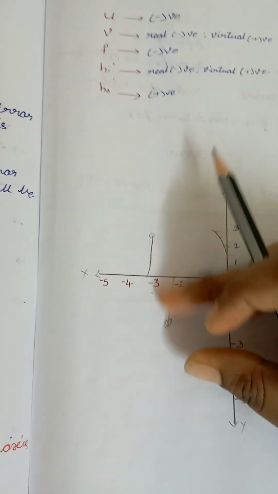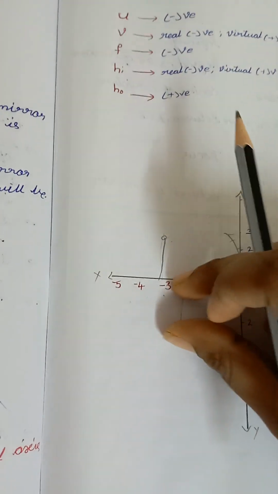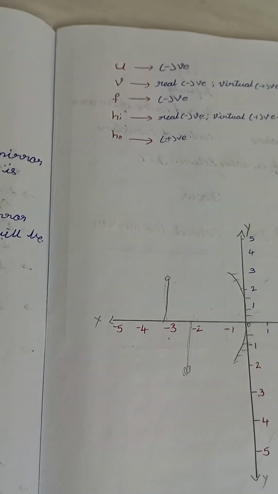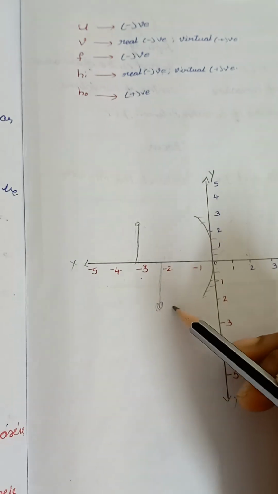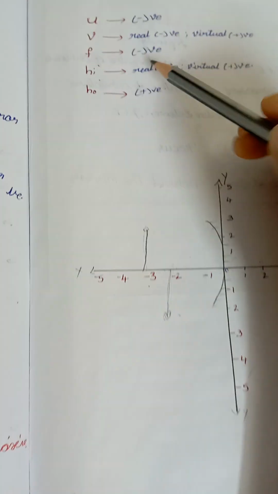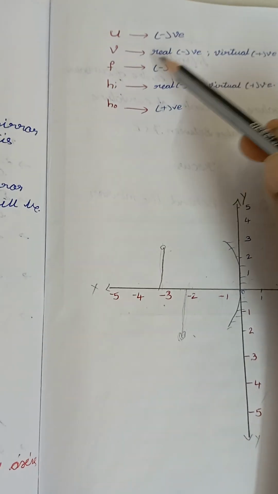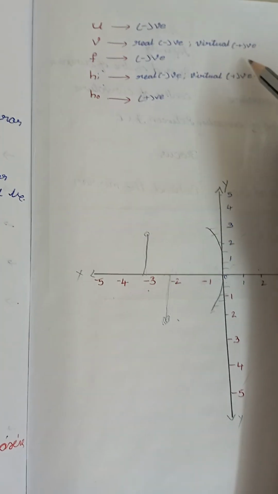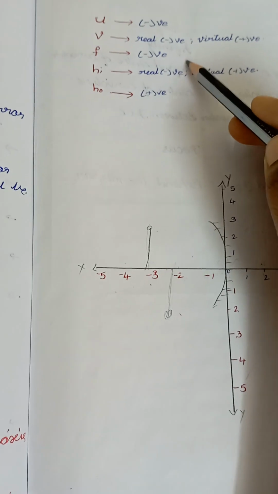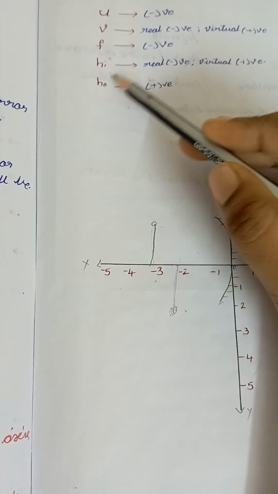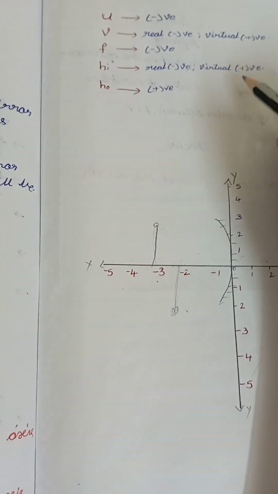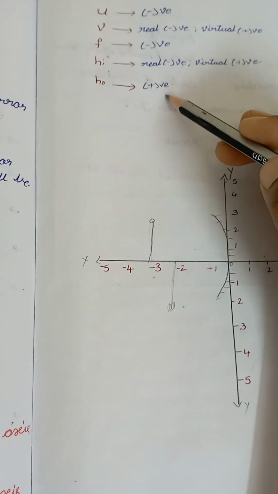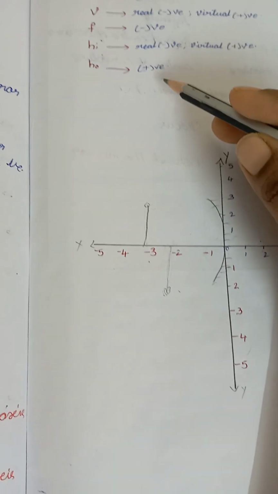Downward we will get negative, meaning we need to measure the distance like this, and we will get negative values. Clear? Object distance negative, image distance negative for real, positive for virtual, focus is negative, height of the image negative for real images, positive for virtual images, height of the object always positive.